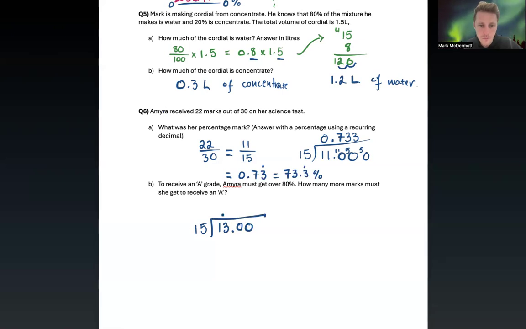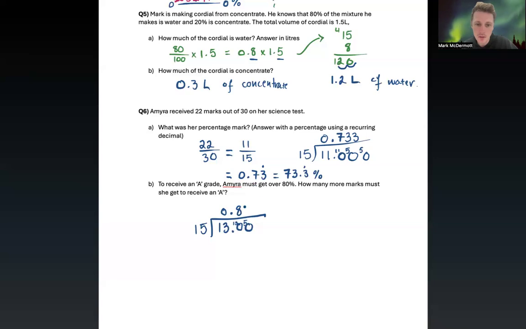Okay. 0 times, carry the 13. Okay, and we just basically need this answer to be just over 0.8, right? So 15 into 130, well, it goes into 110 7 times, so we got to 105, 120. So yeah, that's going to go in 8 times. Get to 120 with remainder 5.